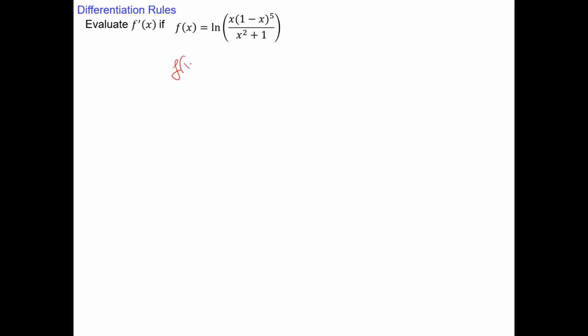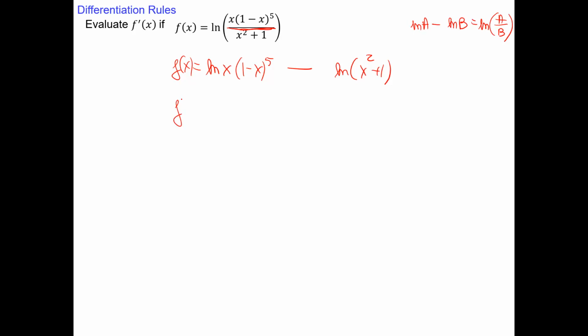We will use the logarithmic properties first. When we divide quantities, we know that this is the subtraction of 2 logarithms. Natural log of a minus natural log of b we can rewrite as 1 logarithm where the inputs are divided.